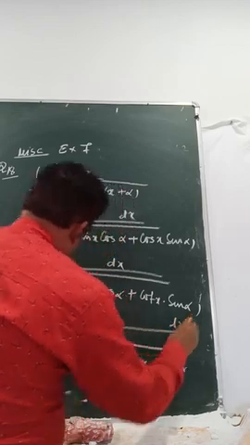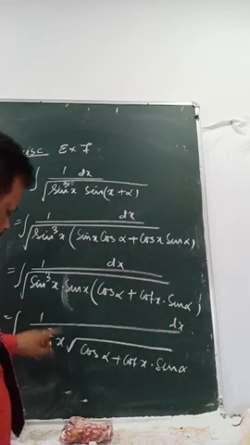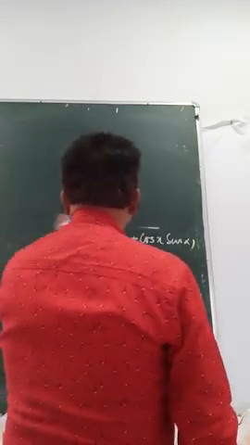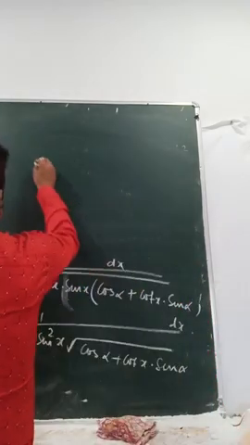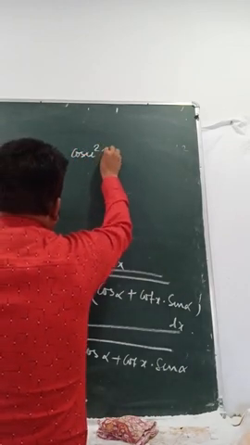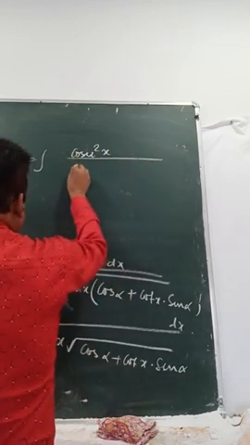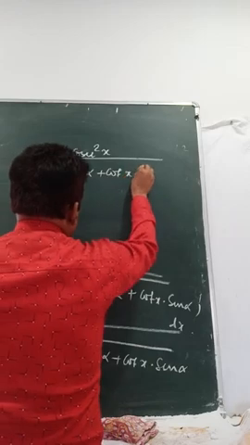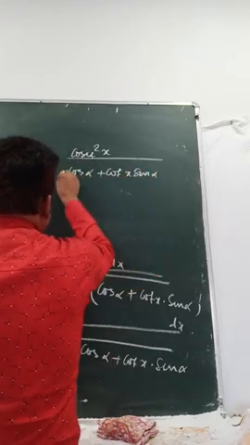Okay. So 1 by sin square x is cosec square x. So it is cosec square x by the square root of cos alpha plus cot x sin alpha.